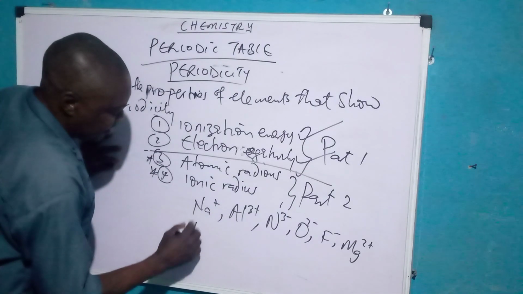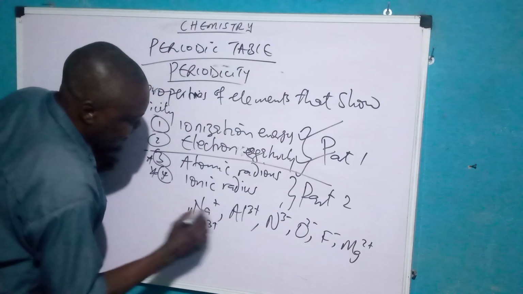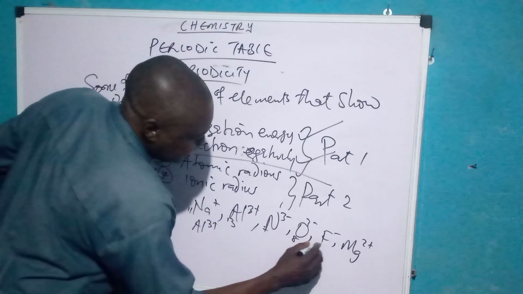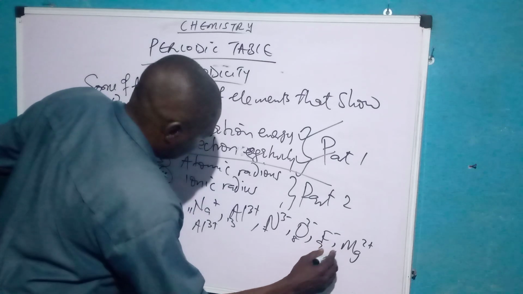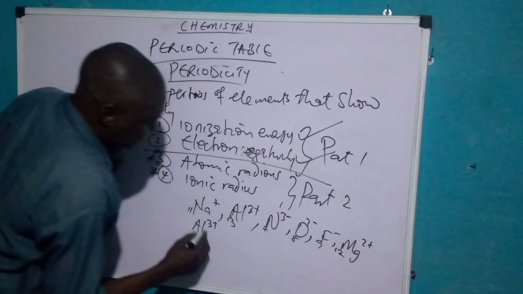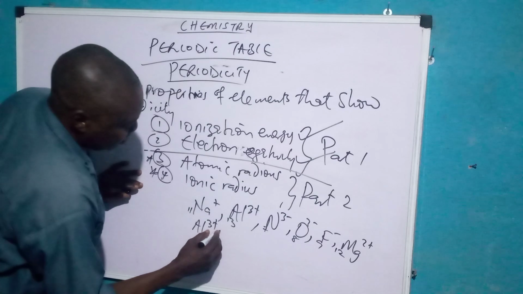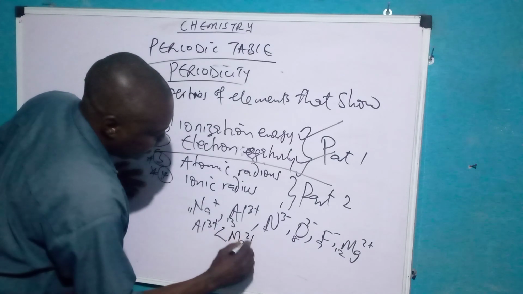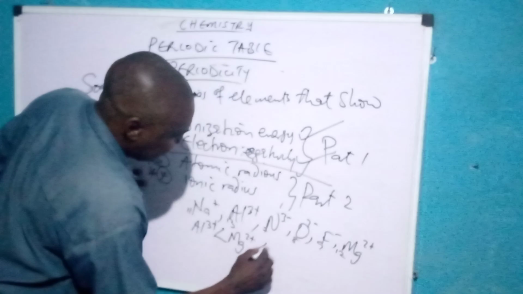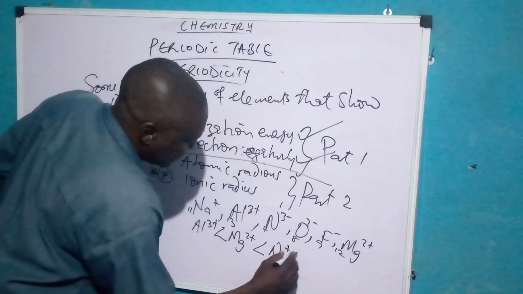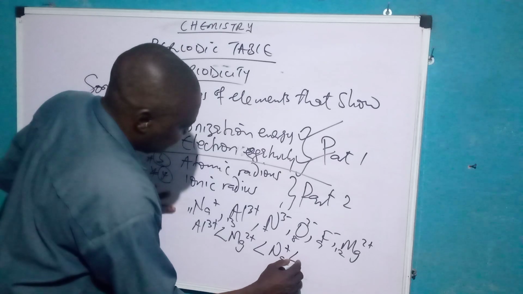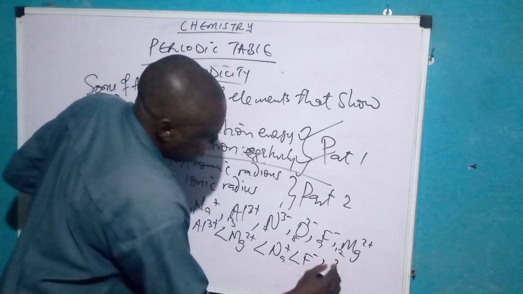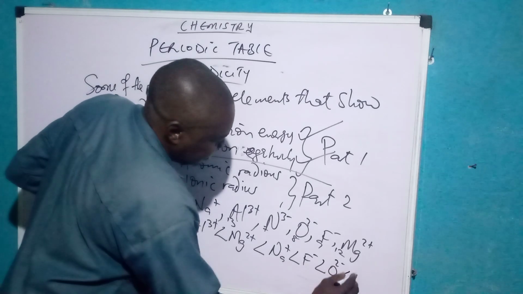Remember, sodium is 11, aluminium is 13, nitrogen 7, oxygen 8, fluorine 9, magnesium 12. Therefore, aluminium 3 plus is first, lesser than magnesium 2 plus, lesser than sodium plus, lesser than fluoride ion minus, lesser than oxygen, lesser than nitrogen.